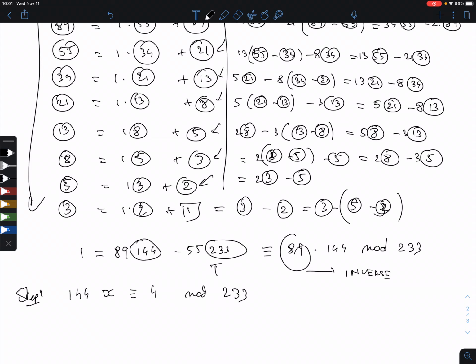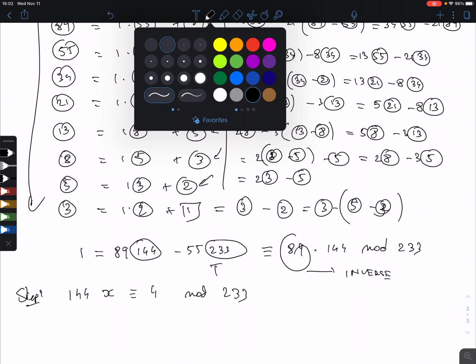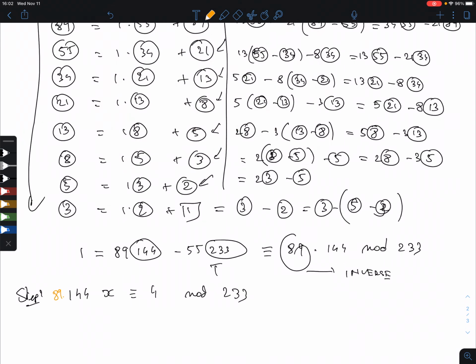I'm multiplying both sides with 89. So I put 89 here and 89 here. This one is 1, right? That's the whole point. Here it says it's 1. Okay, so x is equivalent to 89 times 4, that is 356 mod 233, and it's a small number, you just subtract 233, so this is the same as 123 mod 233.